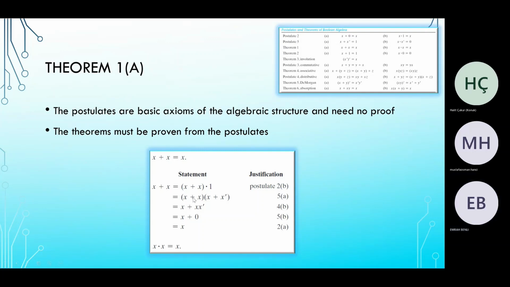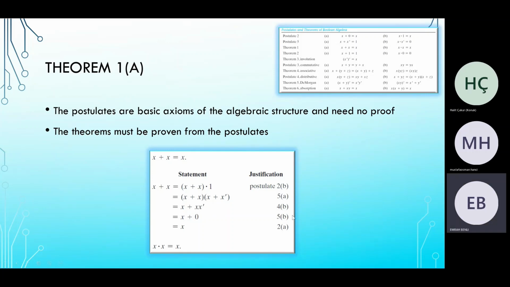X, or we can call this Y here, and we can call the second one Z. If this is Y, this is Z. X or Y, X or Z. So that means X or YZ, X or Y and Z.